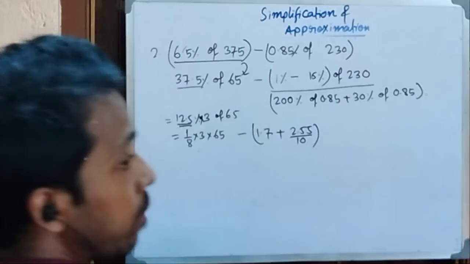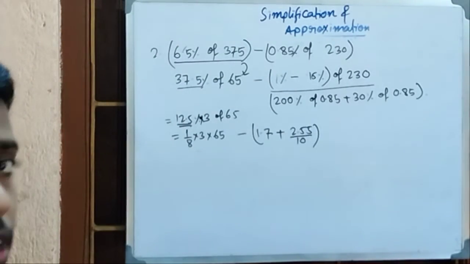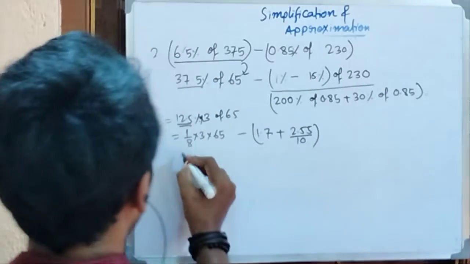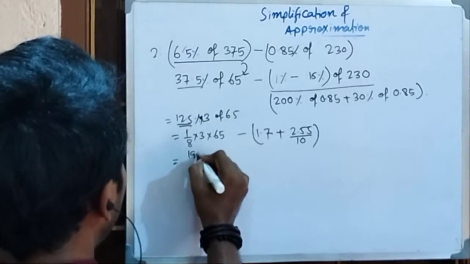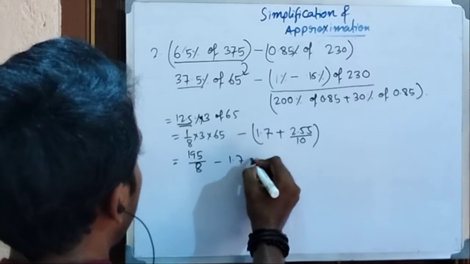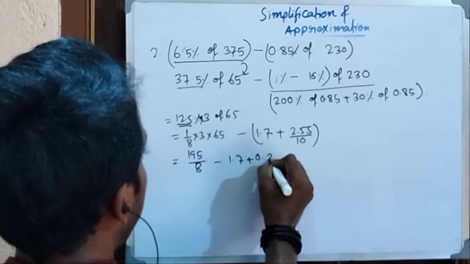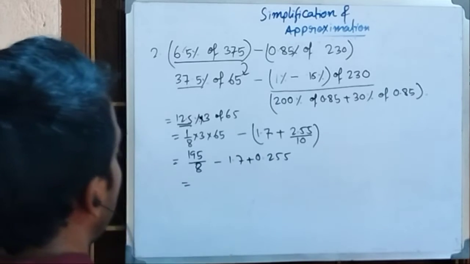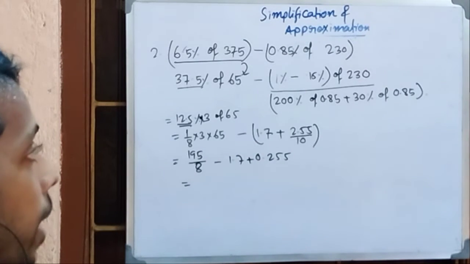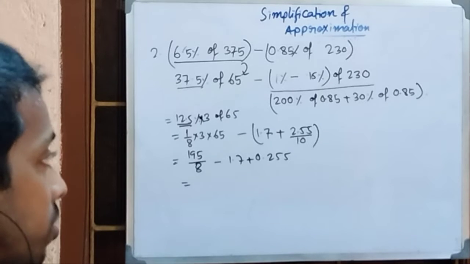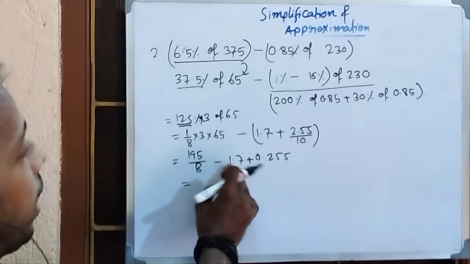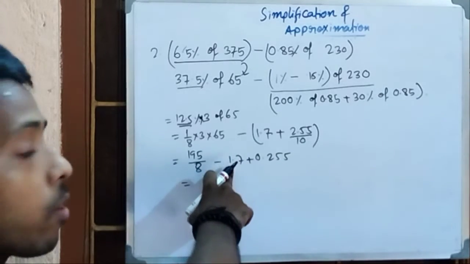Multiplied by 3 and divided by 10, 30% is 30 by 100, and similarly 3 by 10 is same, okay? So this is it. So 195 by 8 minus 1.7 plus 0.255. I am doing it exactly similar, maybe some 2-3 decimal part in the approximation case here, just because of understanding. In examination you can avoid this also, and even in case just 2 you can take, okay?